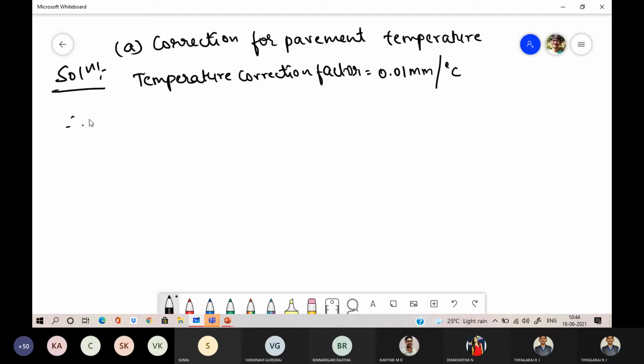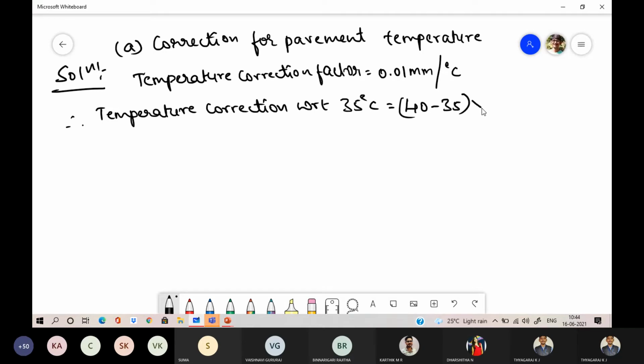Therefore, temperature correction with respect to 35 degrees Celsius is equal to (40 minus 35) into 0.01 mm.